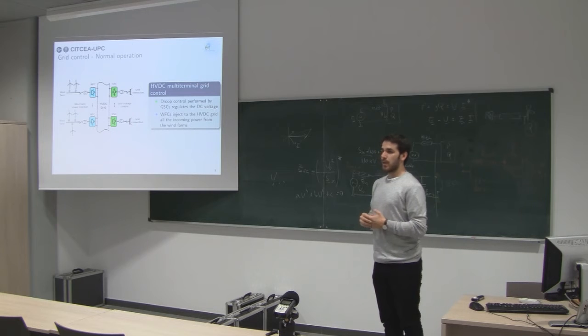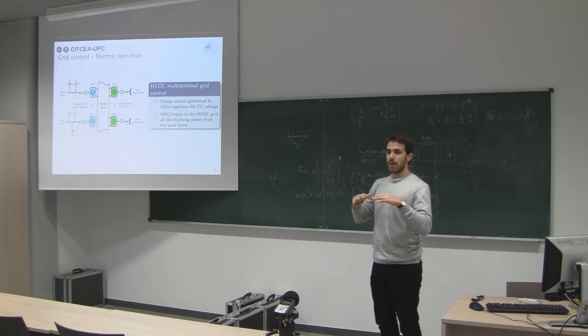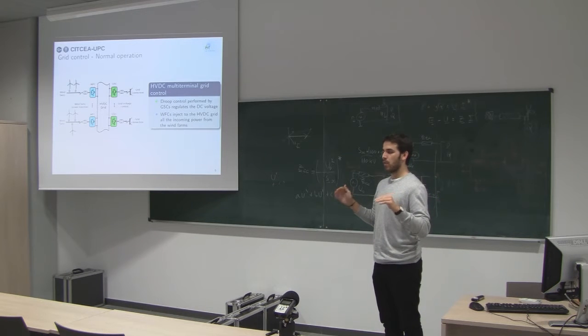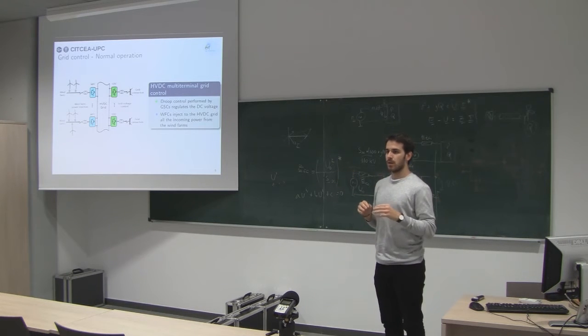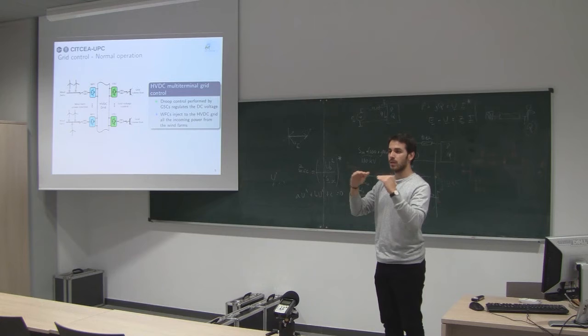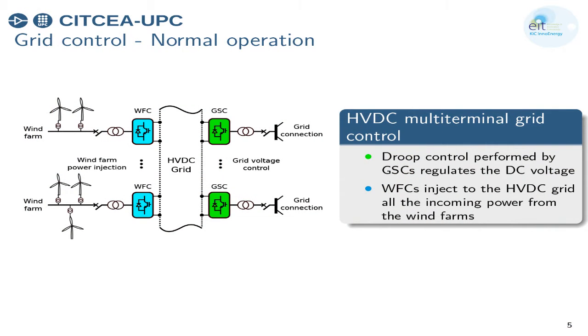For that reason, we need to maintain the voltage of the AC grid. Otherwise, if we keep injecting power to the DC multi-terminal grid and we don't control the voltage there, the voltage will go unstable.